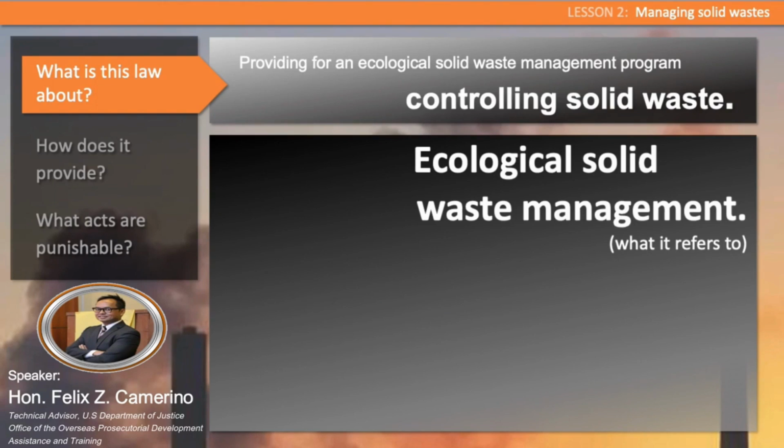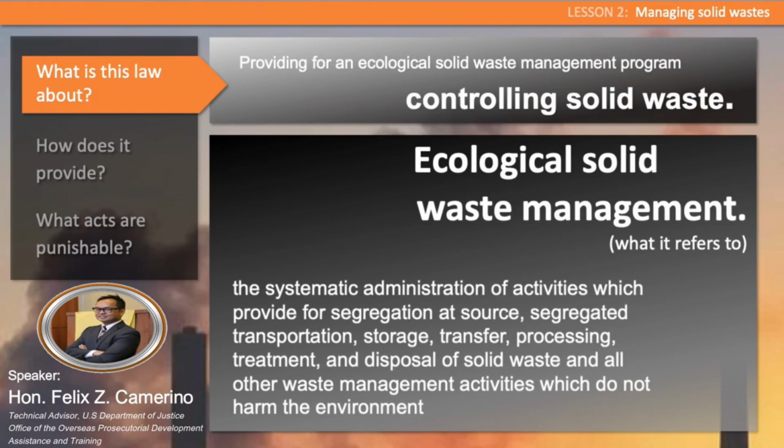It says it is the systemic administration of activities which provide for segregation at source, segregated transportation, storage, transfer, processing, treatment, and disposal of solid waste and all other waste management activities, very important here, which do not harm the environment.